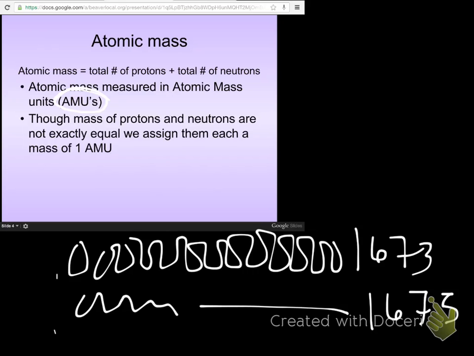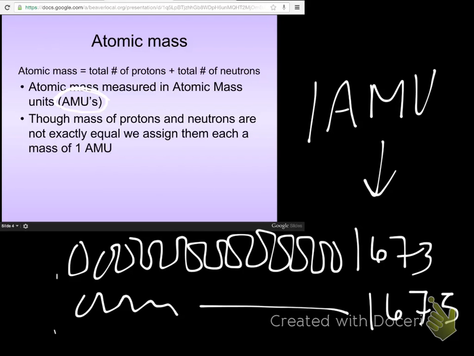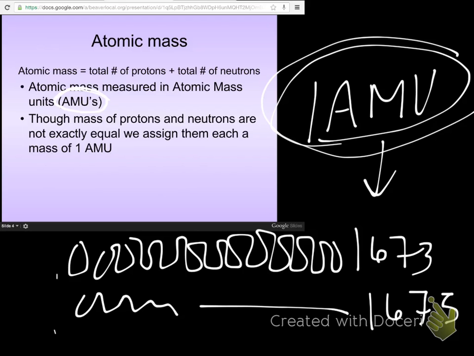We take those and we say, okay, you know what, they're close enough. 1 AMU is just one of those. We kind of take an average, shoot the middle, and say, one proton has a mass of 1 AMU. One neutron has a mass of 1 AMU. We call it even. They're so close that we fudge the numbers on this gigantic scale.